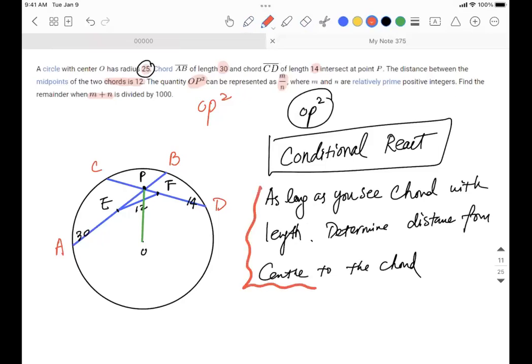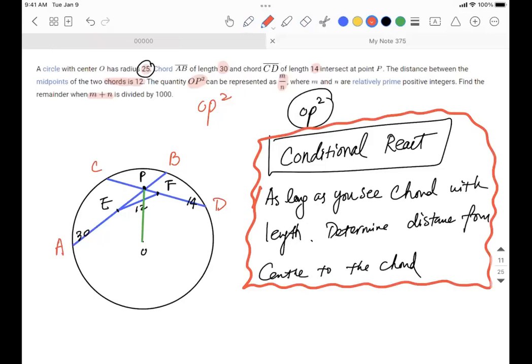Okay, this is important stuff I want you guys to remember. As long as you have a chord with the length, then automatically you can determine the distance from the circle center to the chord, which is quite understandable, right?